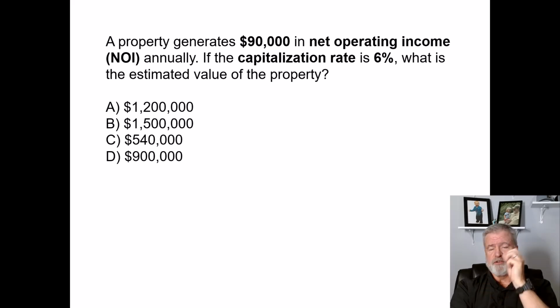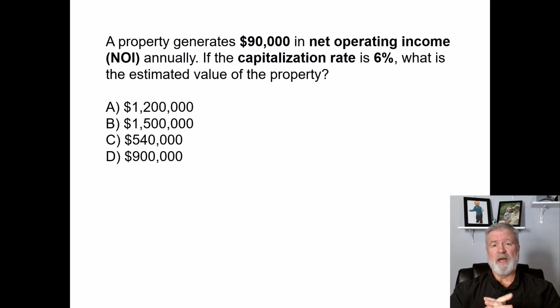And by the way, and I should have mentioned this in the previous slide, when we talk about income, that's always the annual income. Annual, not monthly or whatever. Now, potentially, they could give you a monthly income. And if they do, you're going to have to multiply that monthly income by 12, because you have to have your annual income.